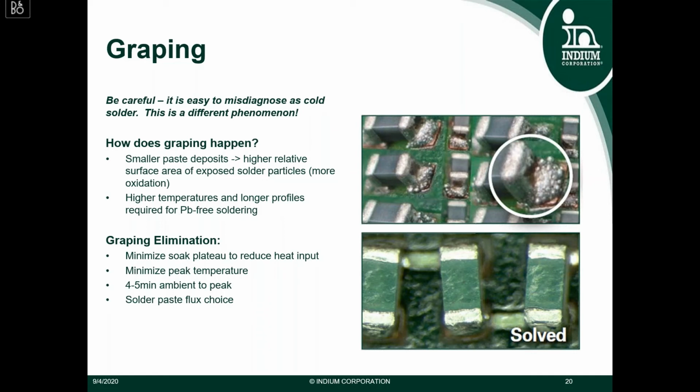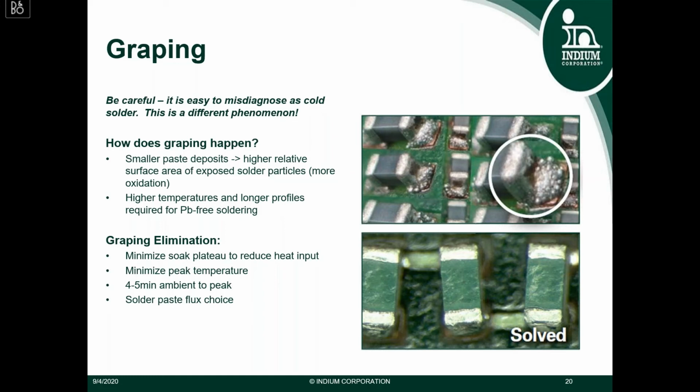especially ones that are required for lead-free soldering, where the melting temperature of the alloy is higher, thus the reflow profile is typically hotter. How to reduce graping is by minimizing the soak or the plateau in your profile and reducing the overall heat input.